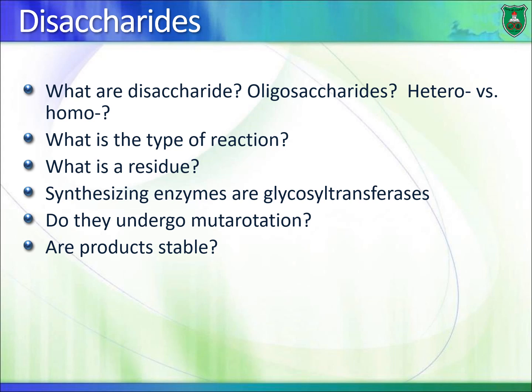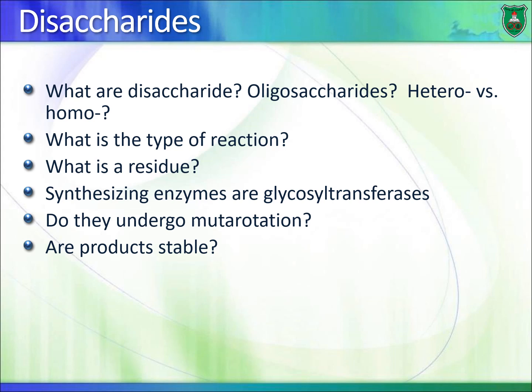Now the thing is, whenever you have a polymer, a chain like nucleic acids, proteins, as well as oligosaccharides or disaccharides or polysaccharides, we call each one of them a residue.